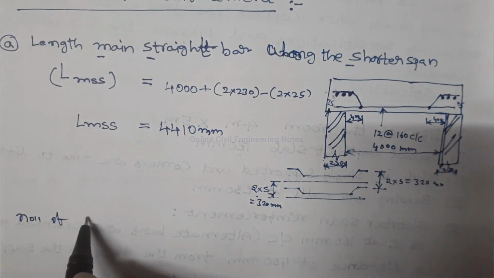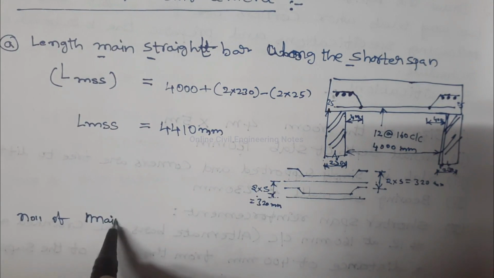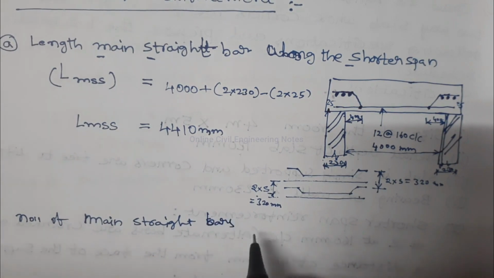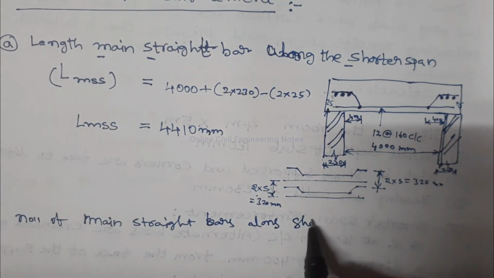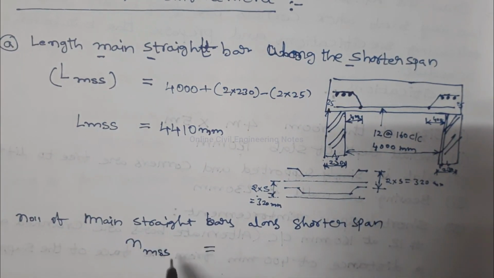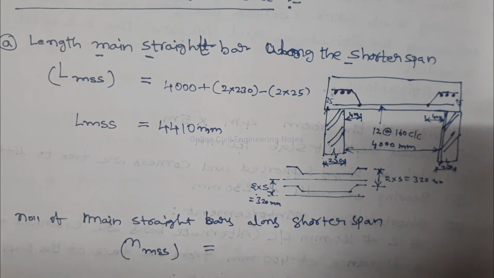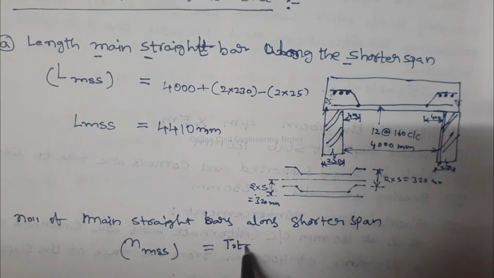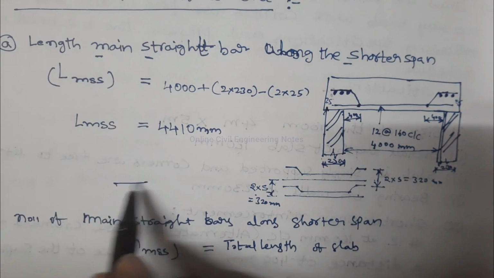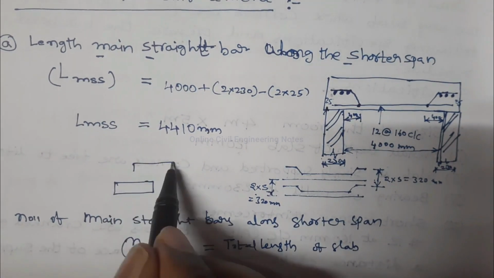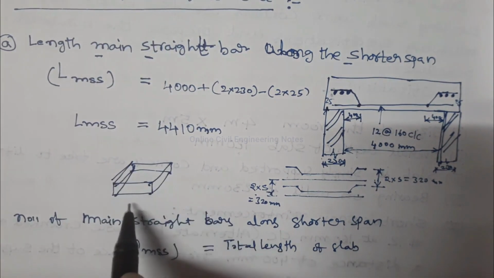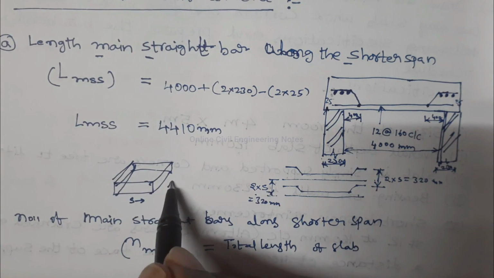Now calculate the number of bars required to place along this shorter span. Number of main straight bars along shorter span is equal to total length of slab. See, this is the slab, this is the shorter direction, this is the longer direction.